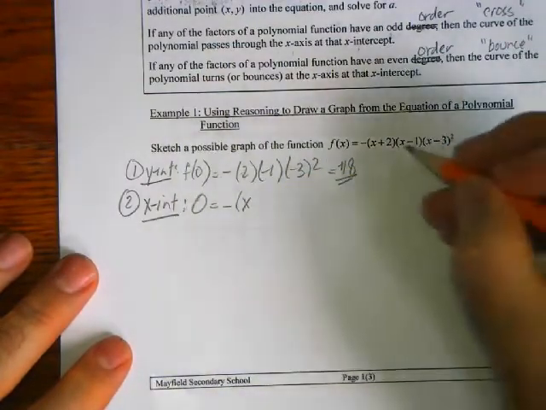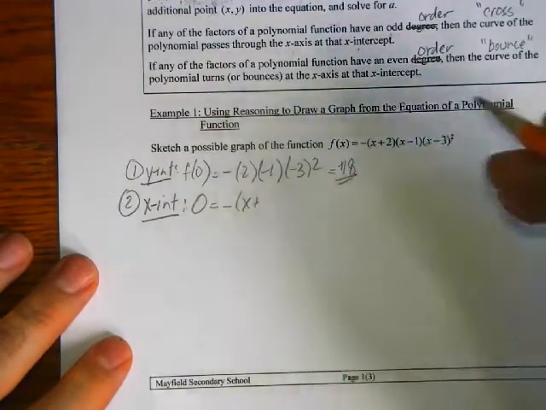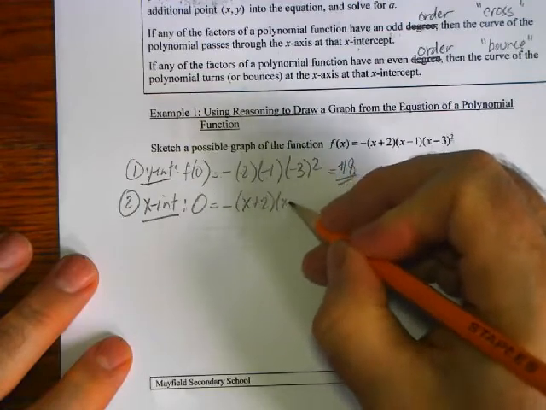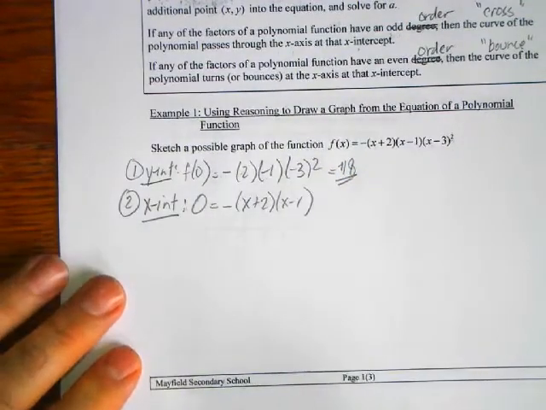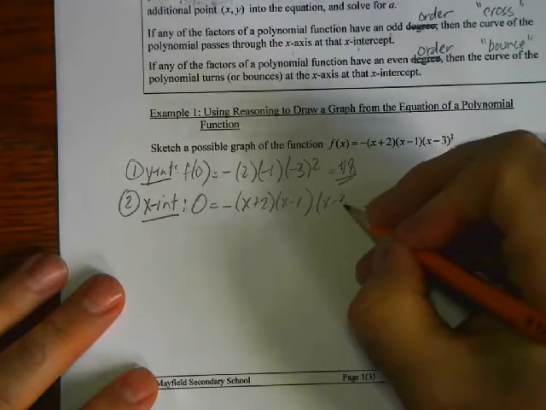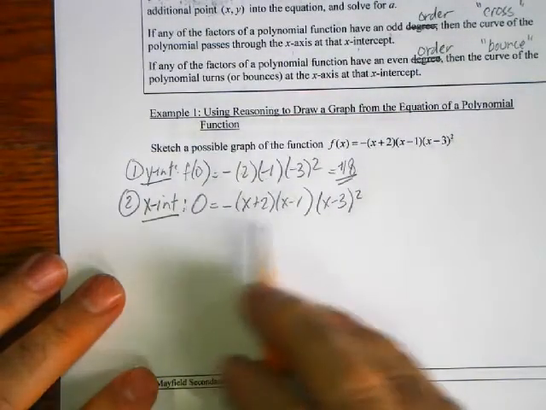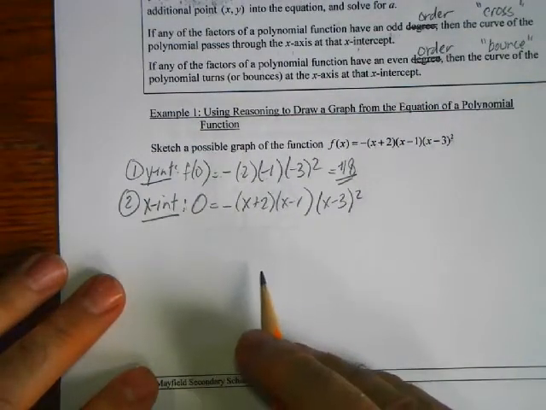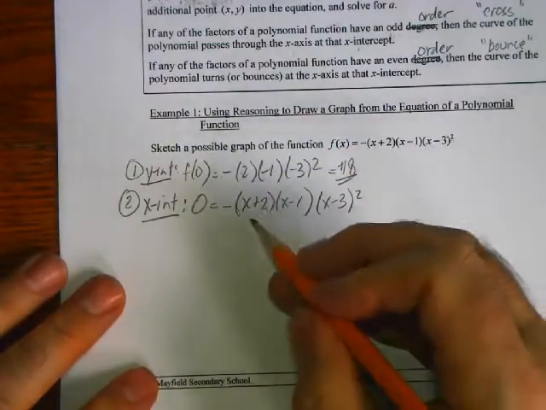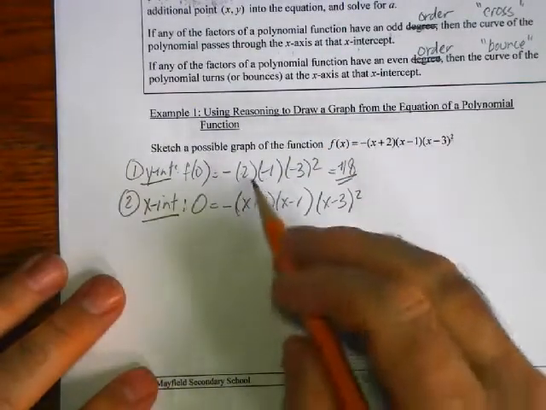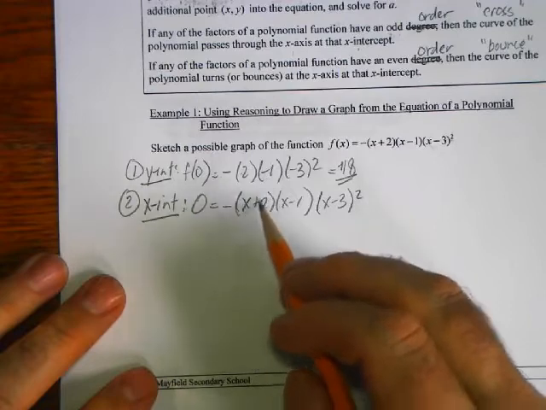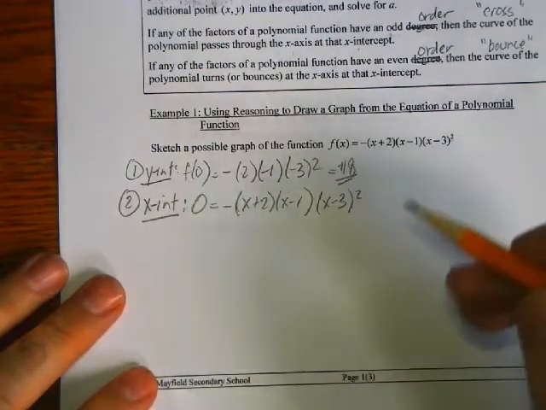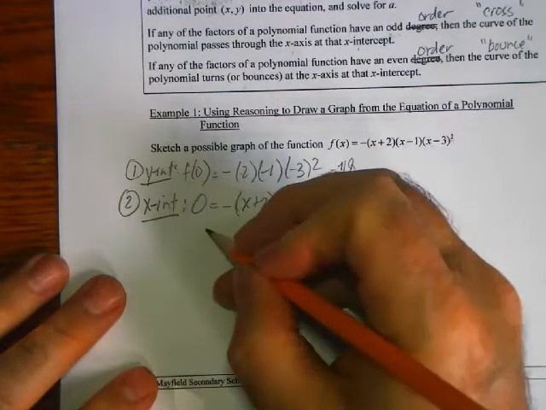I'll just put my equation back with a 0 on the left side. If you remember this from quadratics, you take each factor and set each factor equal to 0. Find the value of x that makes each factor 0. Basically, that's what you're doing. So this becomes pretty quick.